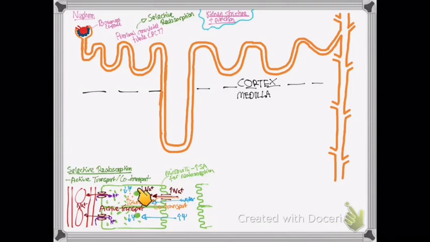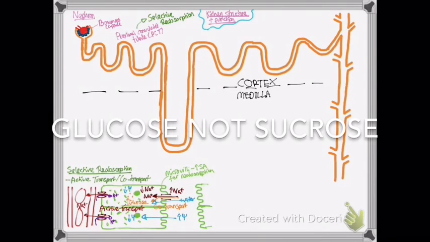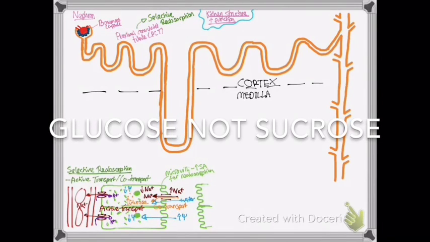The glucose builds up. We end up getting a high concentration of glucose but a low water potential because the concentration of glucose is so high. Water moves from a high water potential to a low water potential, therefore water follows this glucose and sodium into the cell.